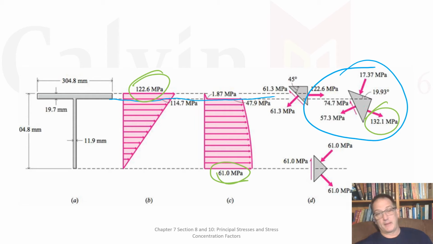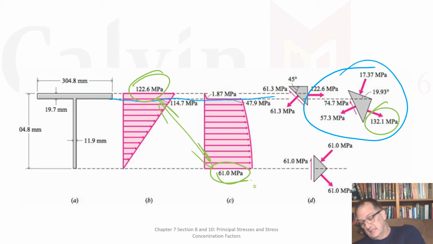Now, if you remember, for material properties, if you think about a maximum normal stress failure theory, the shear stress, and I know you're going, what? Shear stress could only be half as high as the normal stress. And so you're already seeing that it could fail either way, depending on whether that material is brittle or ductile.